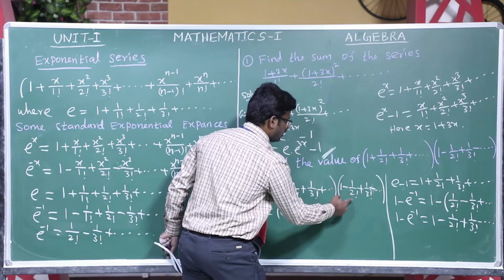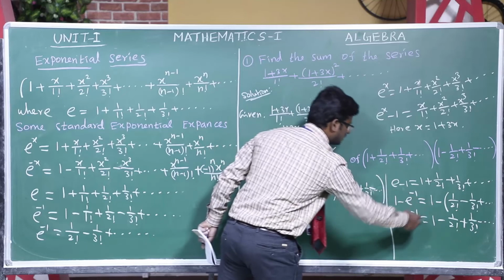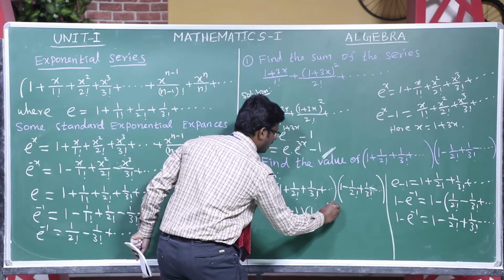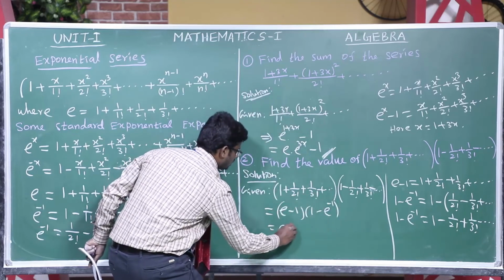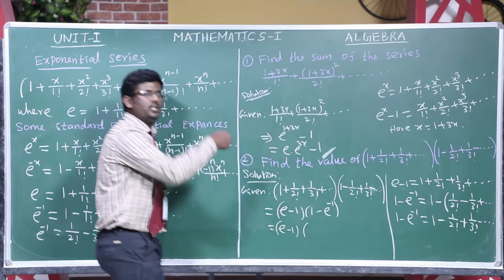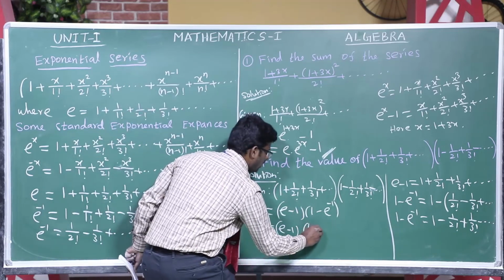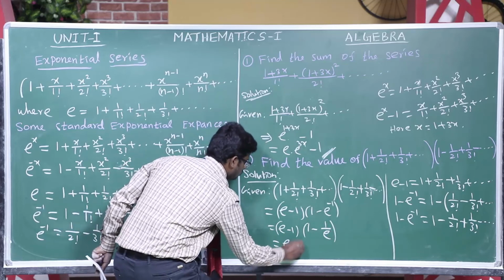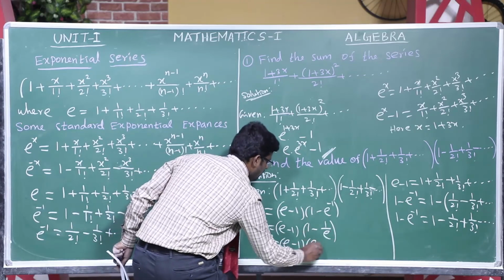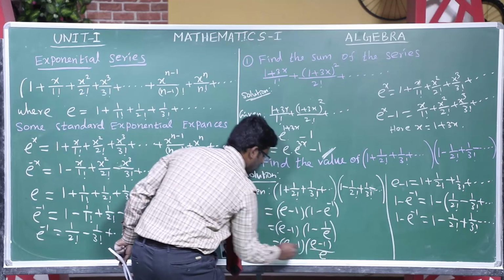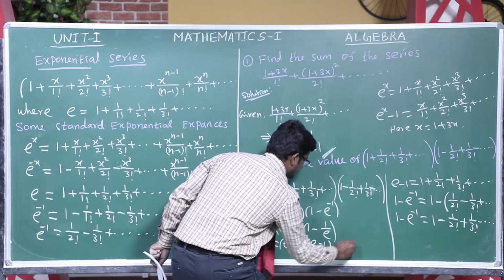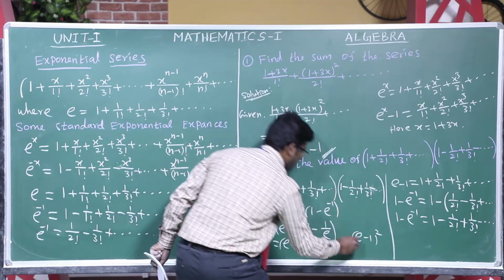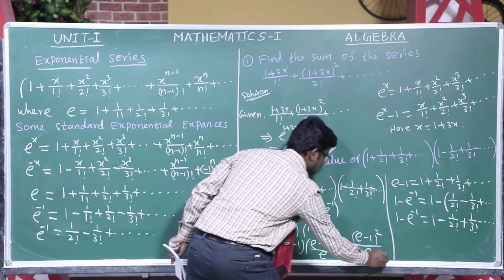Then 1 minus 1 by 2 factorial plus 1 by 3 factorial minus up to etc. we substitute with 1 minus e power minus 1. Then e minus 1 into 1 minus 1 by e. Just cross multiply: e minus 1 into e minus 1 by e. The final answer is e minus 1 the whole square by e. That's all.